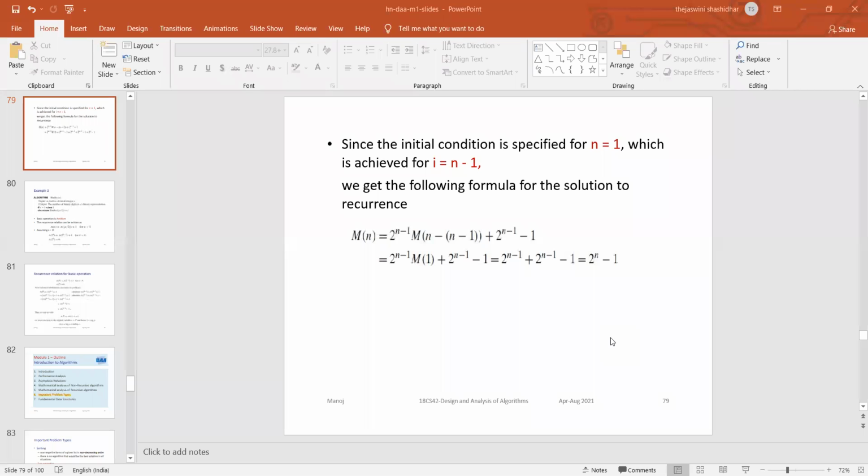Have you understood? So what is the order of growth for Tower of Hanoi? What is the order of growth?